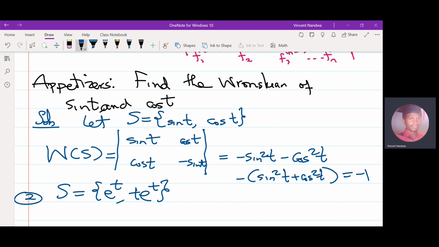The Wronskian of that set? Zero? Sure? Okay, so let's confirm together.